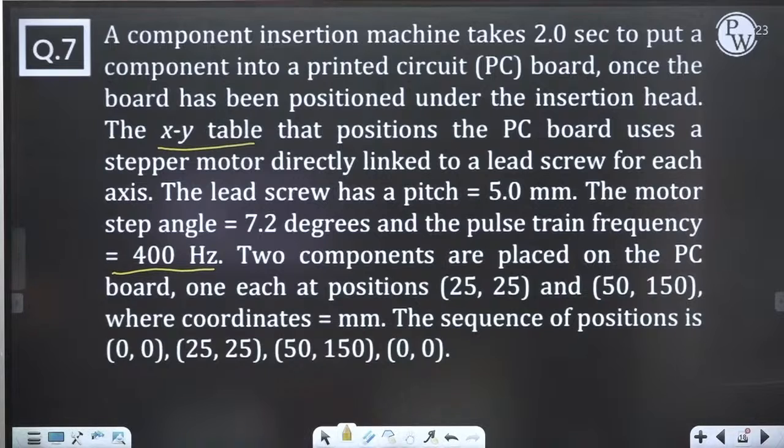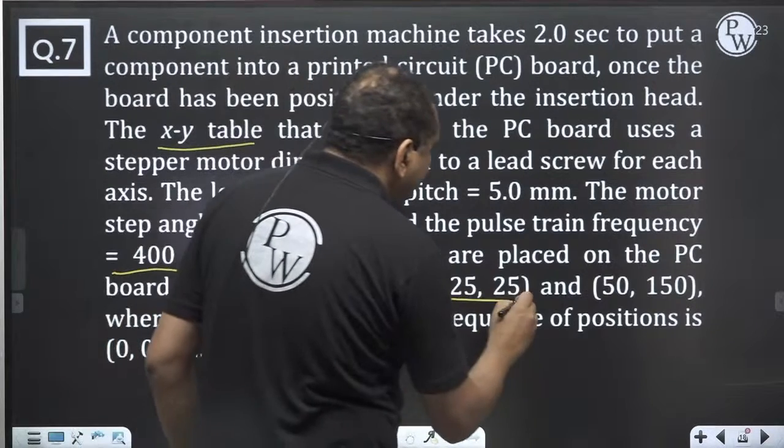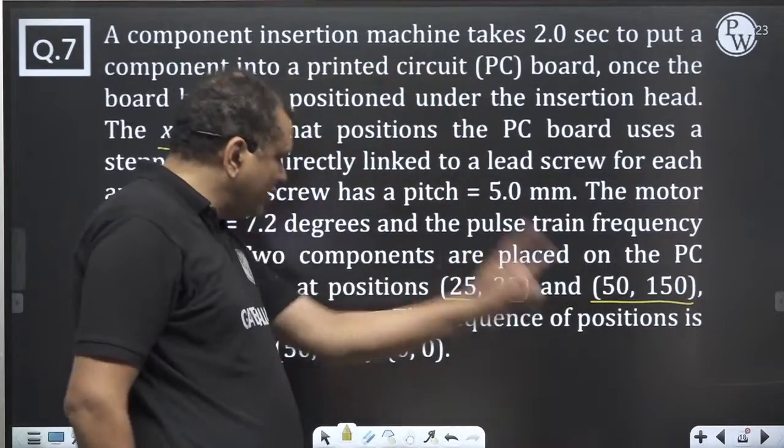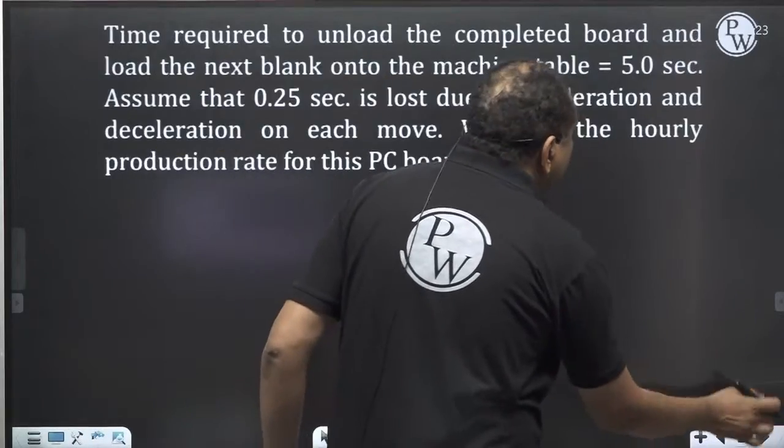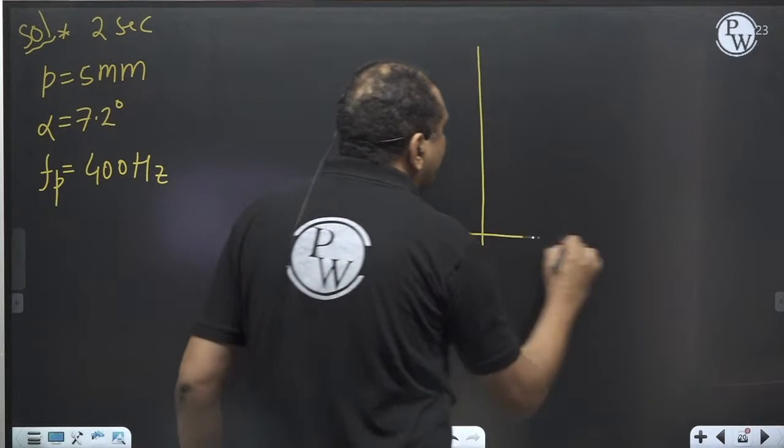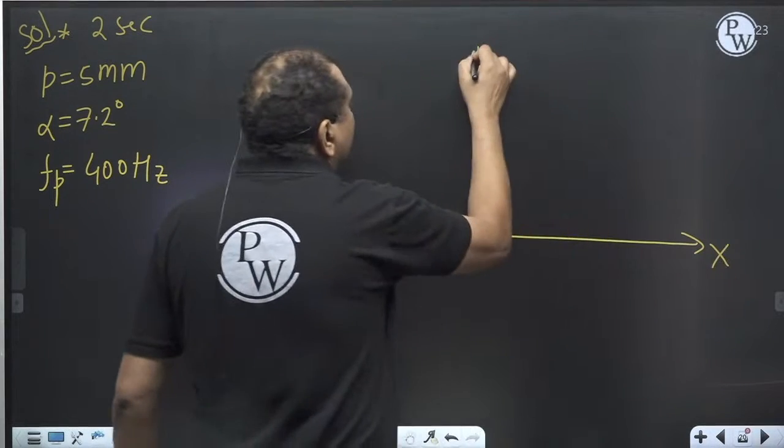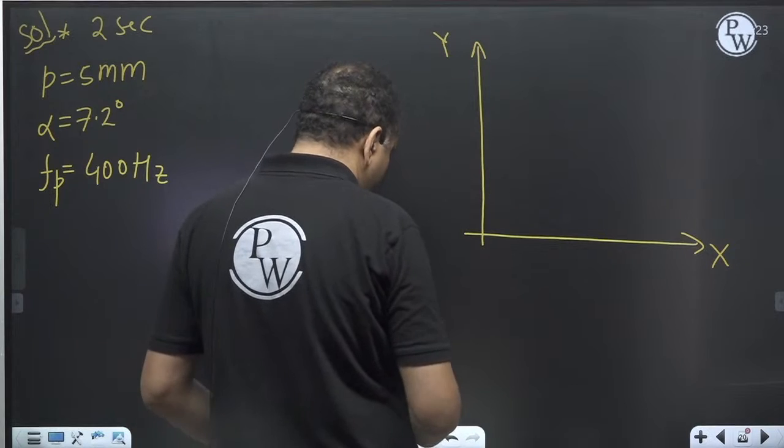Two components are placed on a PC board, one each at position 25-25 and another at 50-150. So X direction, Y direction.